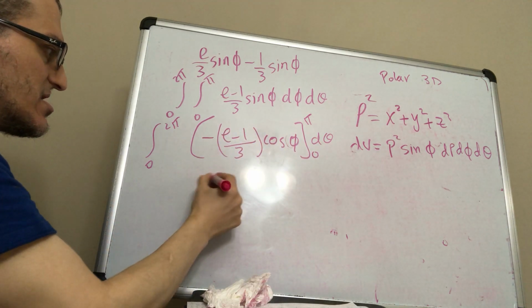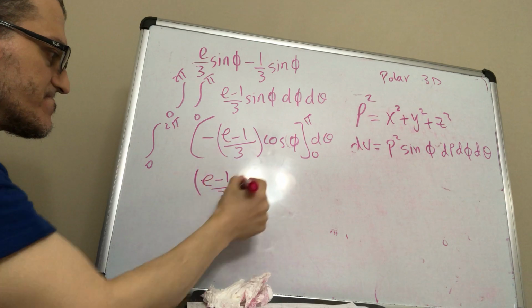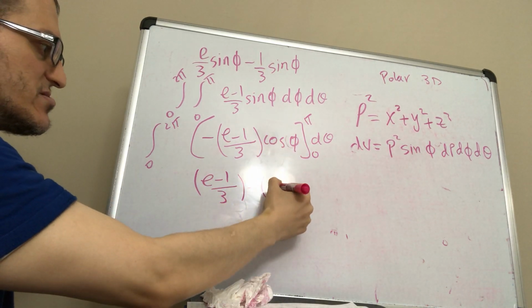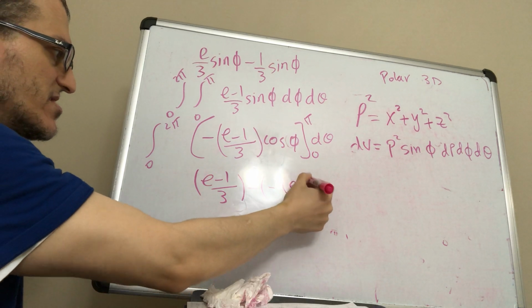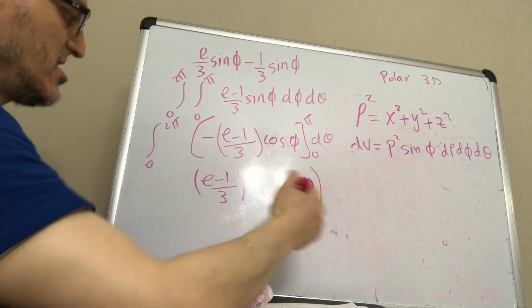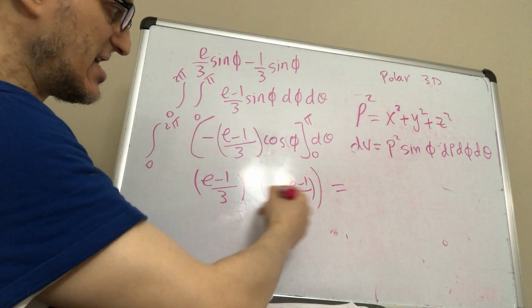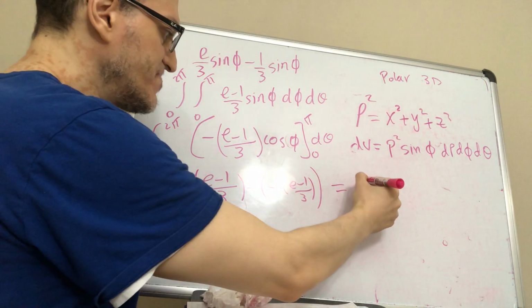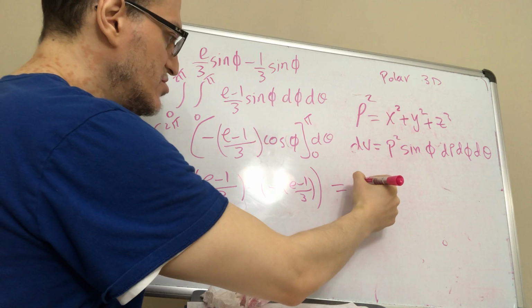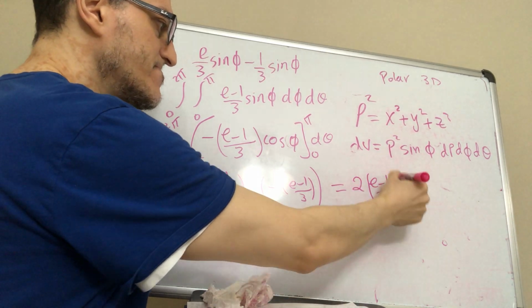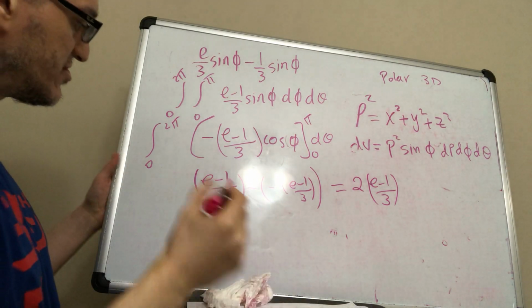And a minus becomes positive. You put the 0, cosine 0 is 1, so you have minus of e minus 1 over 3. But minus minus becomes positive, so you just add these two. If you add them, it will give you 2 of e minus 1 over 3.